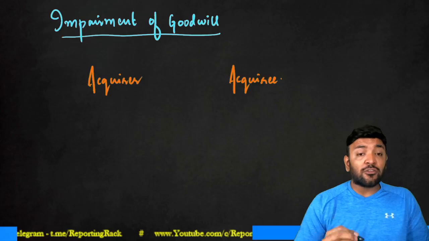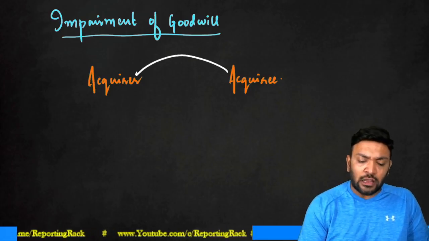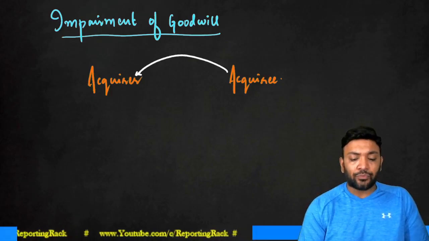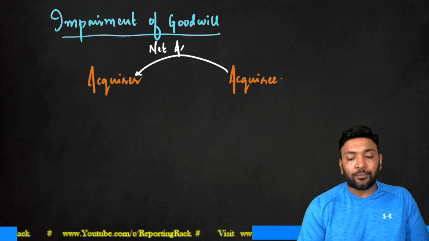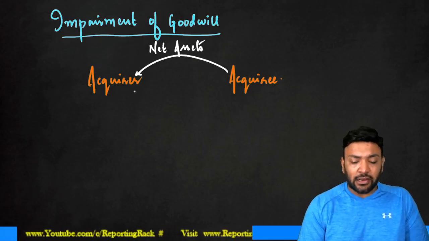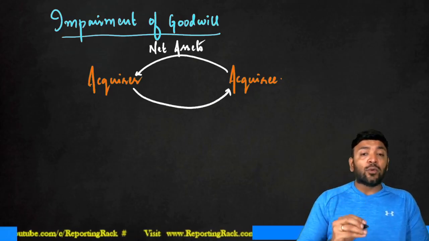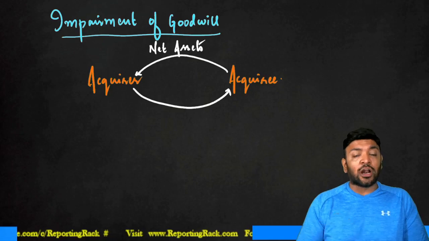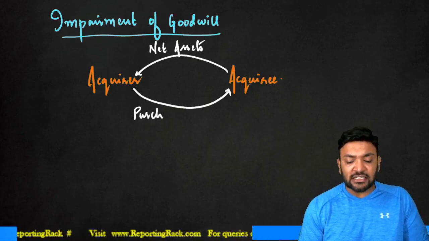In a business combination transaction, the acquirer acquires all the net assets of the acquiree. In return, as consideration, he pays a certain amount either in cash or through equity shares, debentures or bonds. This amount is called the purchase consideration.